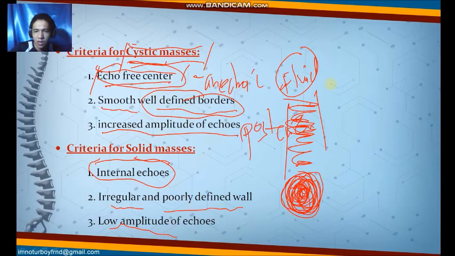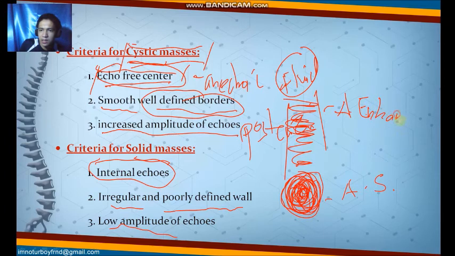So the cystic mass would most commonly create acoustic enhancement, while the solid mass will cause acoustic shadowing. Example: acoustic enhancement, and then acoustic shadowing.